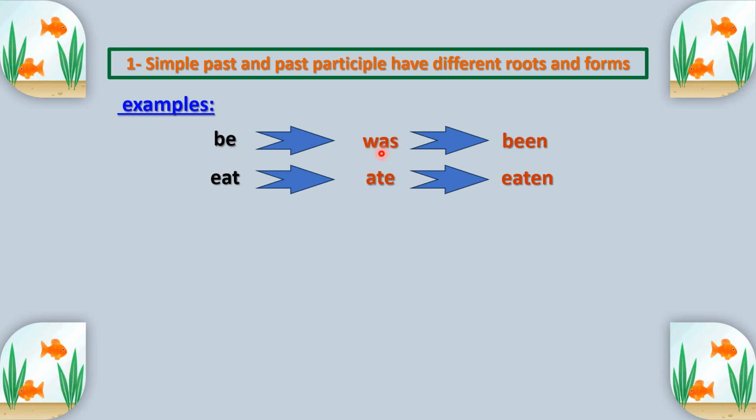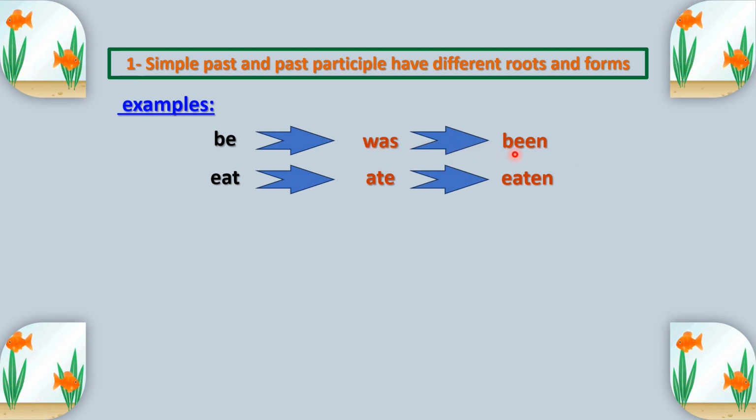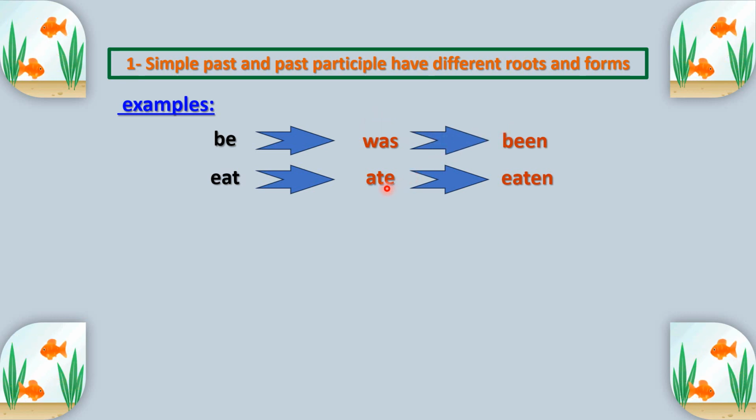Which means that they have different roots, and also they have different forms. Look at here. Was, been, different roots and different forms, either in the simple past or in the past participle. This is for the first type.